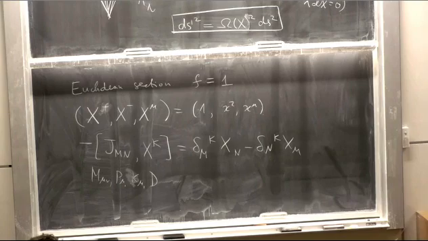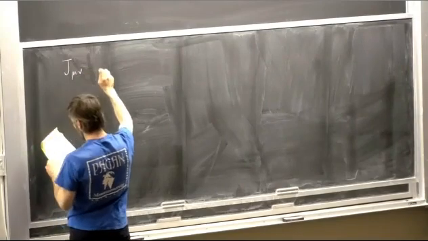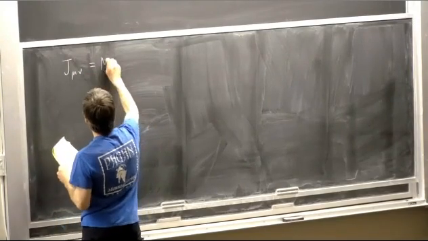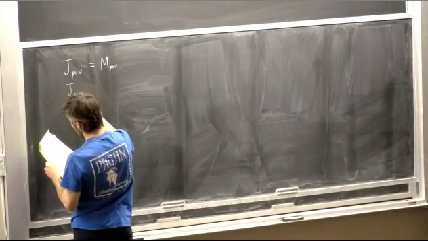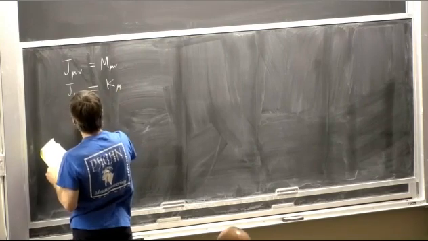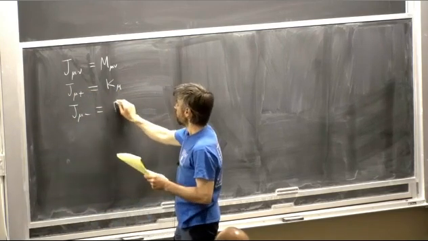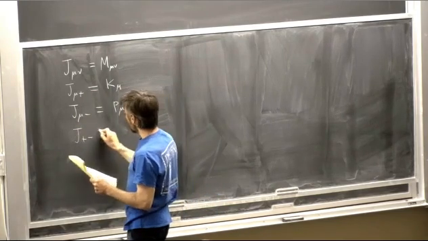So the identification is that, up to some constant factors, G mu nu is equal to M mu nu, G mu plus is equal to K mu, G mu minus is P mu, and G plus minus is equal to D.